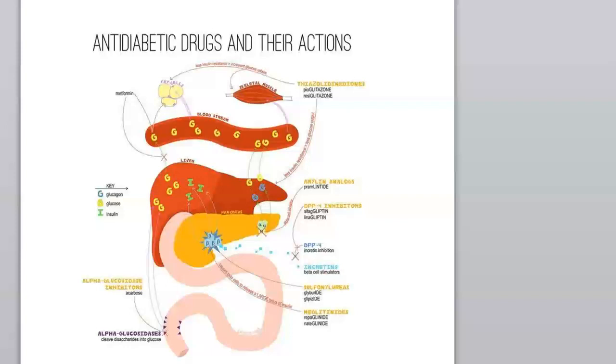This is a neutral pH suspension of crystalline zinc insulin. That's definitely a combined insulin.